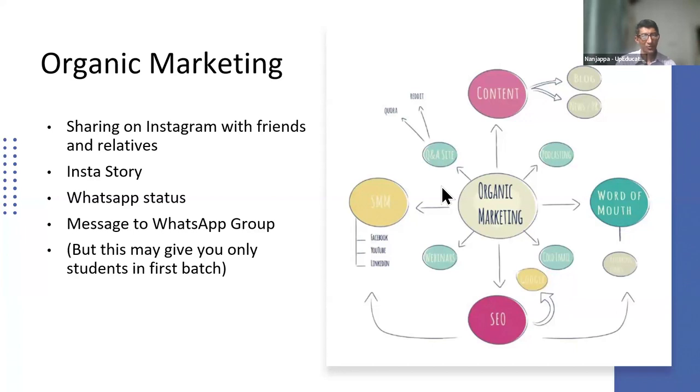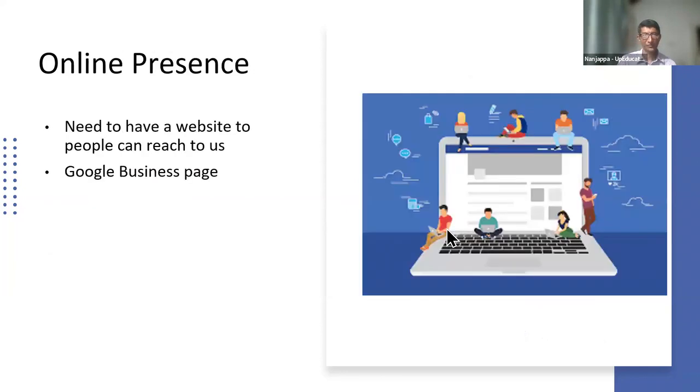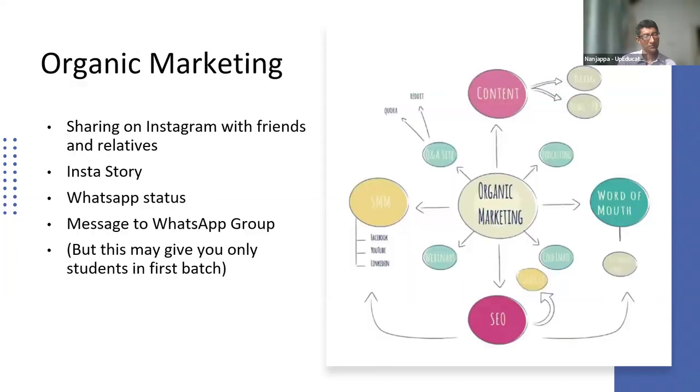So how did we reach out to you? How did we make sure that an ad is shown to you? That is through paid advertisement. There are various ways to do it, but this is the second part that we are targeting, that is the paid aspect of it.